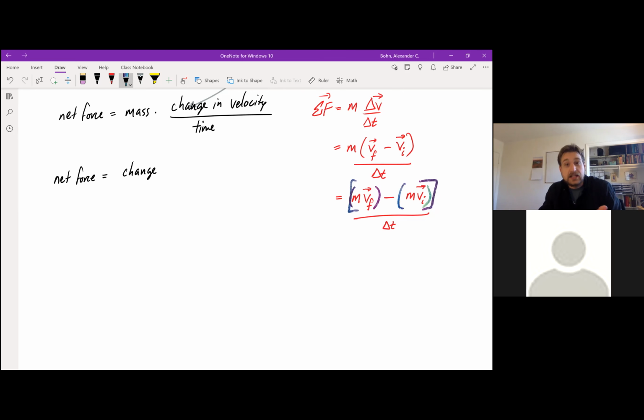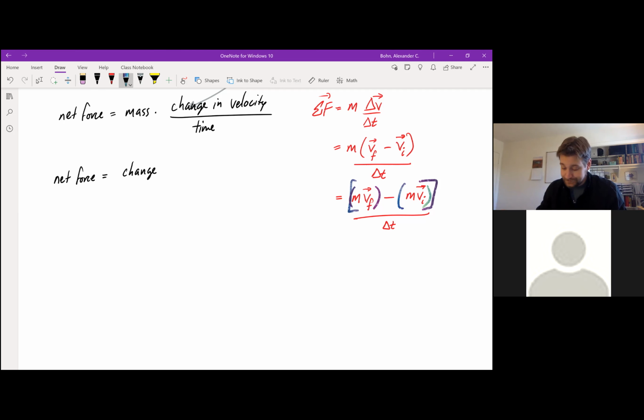But it looks to me like we're saying, all right, this idea, this product, mass velocity, what is it at the end of time interval delta t? And what was it at the beginning? Let's subtract them.